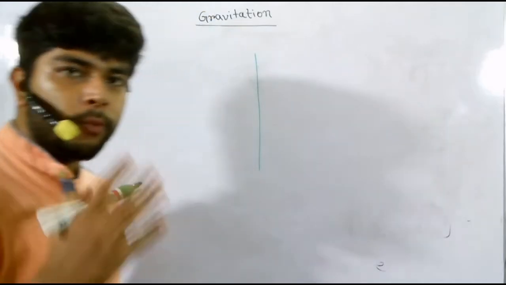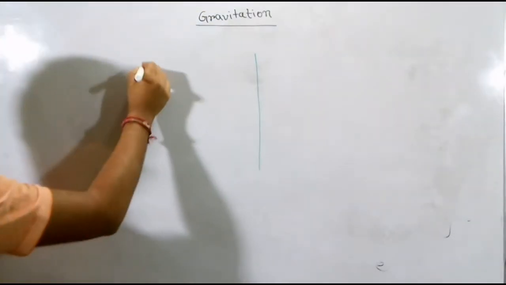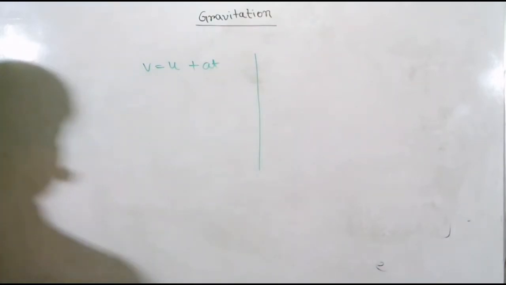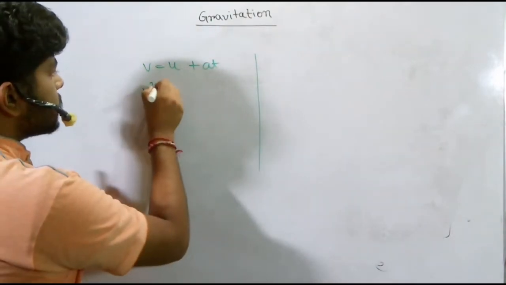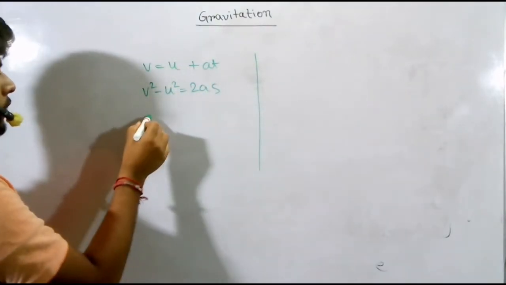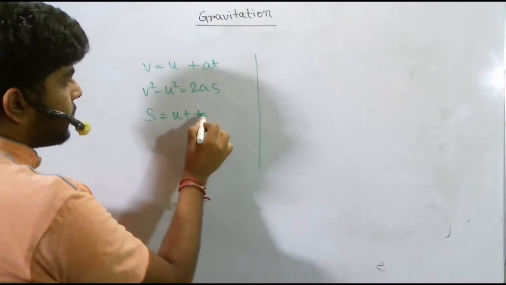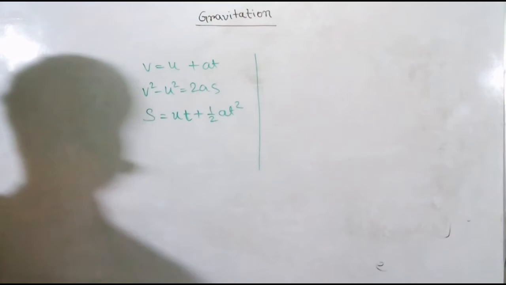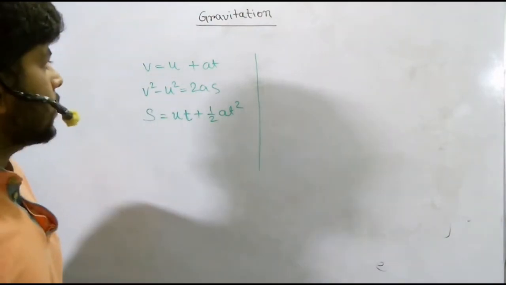From the first chapter we know that we have three equations of motion. One is V equals U plus AT, the first equation of motion. The second equation of motion is V square minus U square equals 2AS. And the third equation of motion is S equals UT plus half AT square. These three equations of motion are very famous.